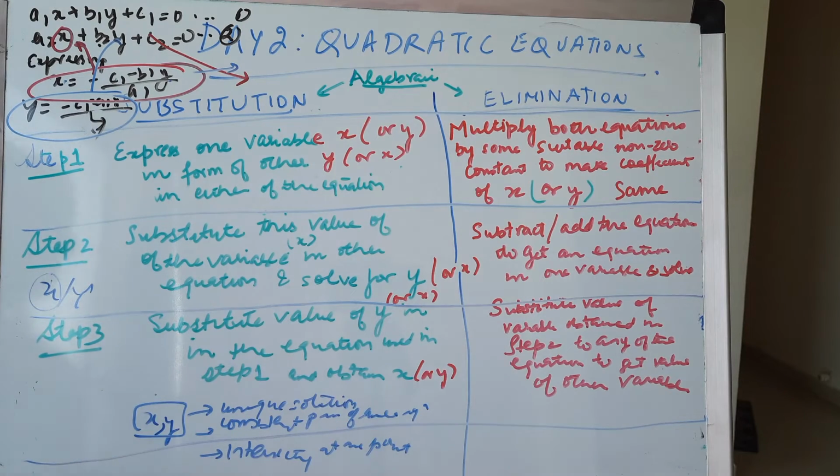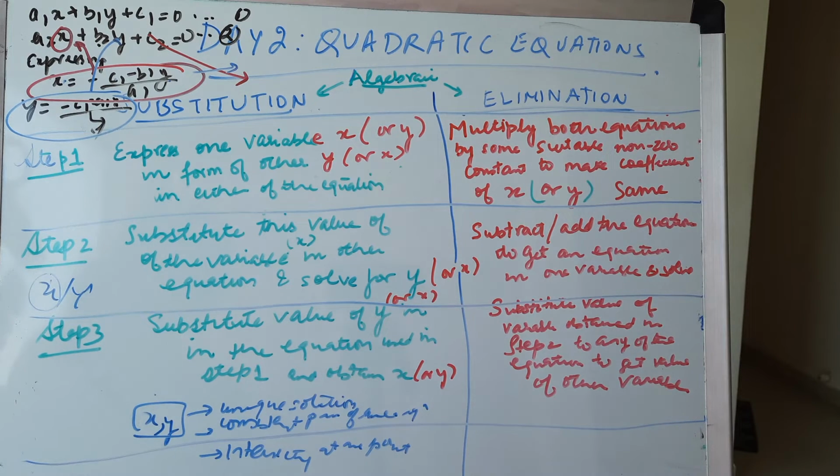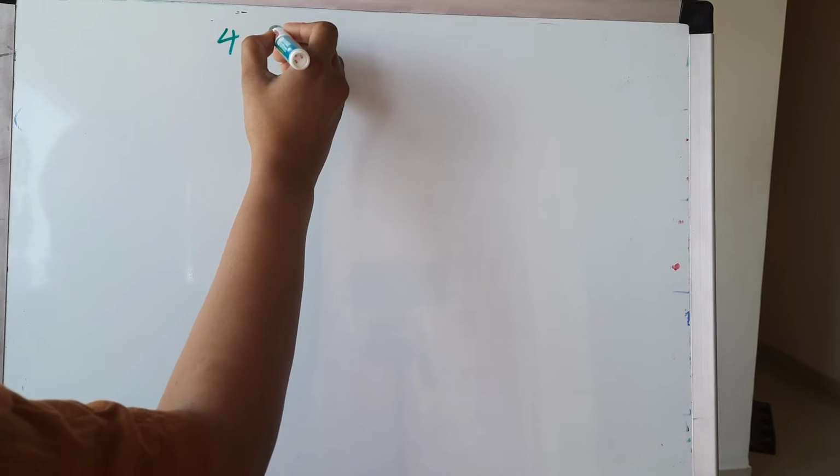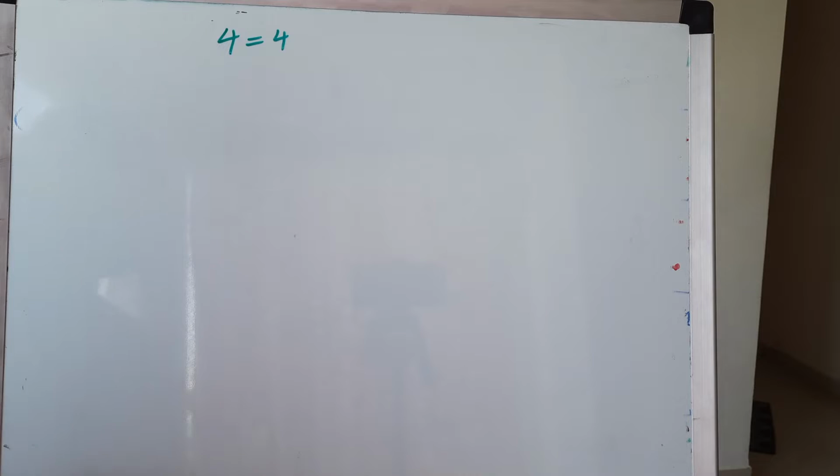Now there could be other solutions also, which we are now going to come to, right? We had learned the other two types of solutions. Now what happens when we solve this equation and we do not get a unique solution? When we solve it, the variable itself gets eliminated. So for example, it comes out something like this: 4 is equal to 4. This is the kind of statement which comes once we substitute the value.